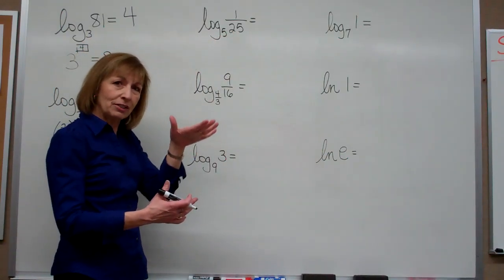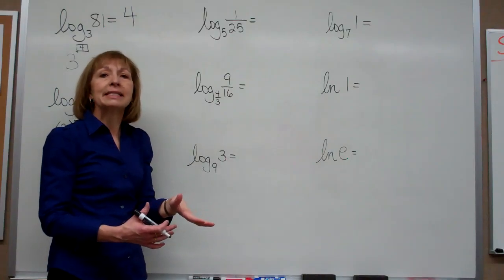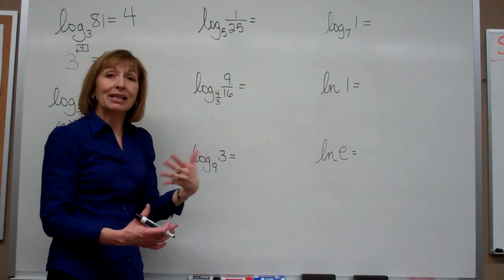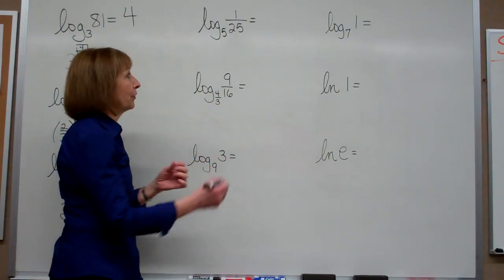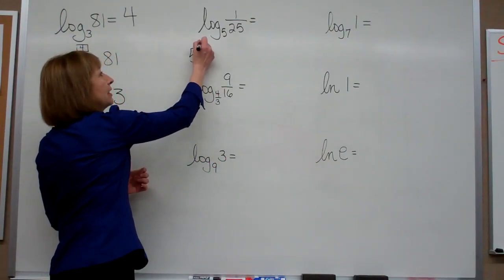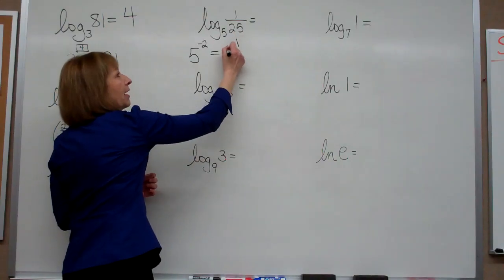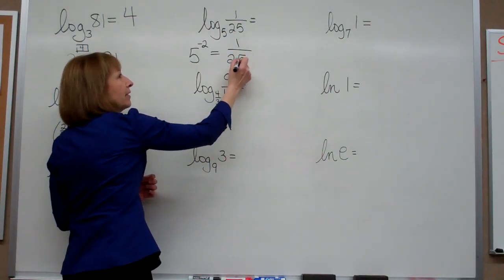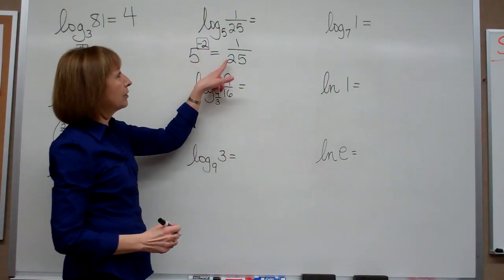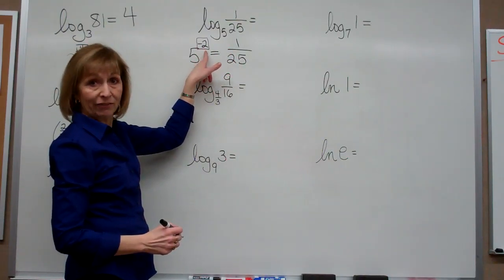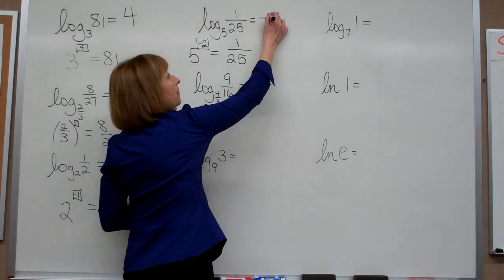But I want to not only square it, I also need it to go into the denominator of the fraction. The exponent that will do both of those things will be an exponent of -2. 5 to the -2 is how you get the value of 1/25. So the exponent on 5 that I need to use in order to get 1/25 is -2, so that's its logarithm.